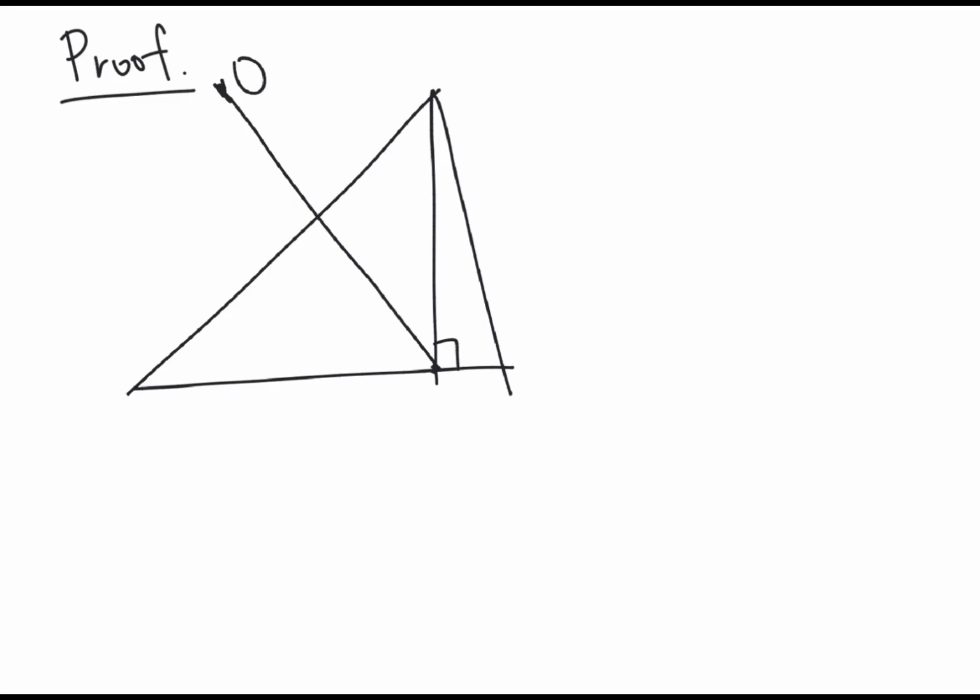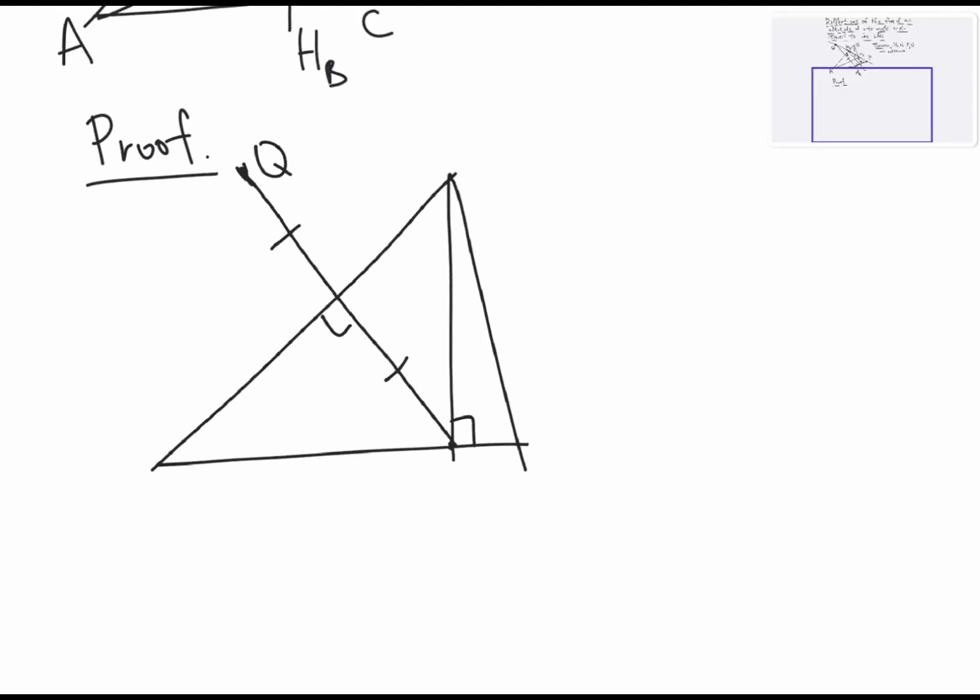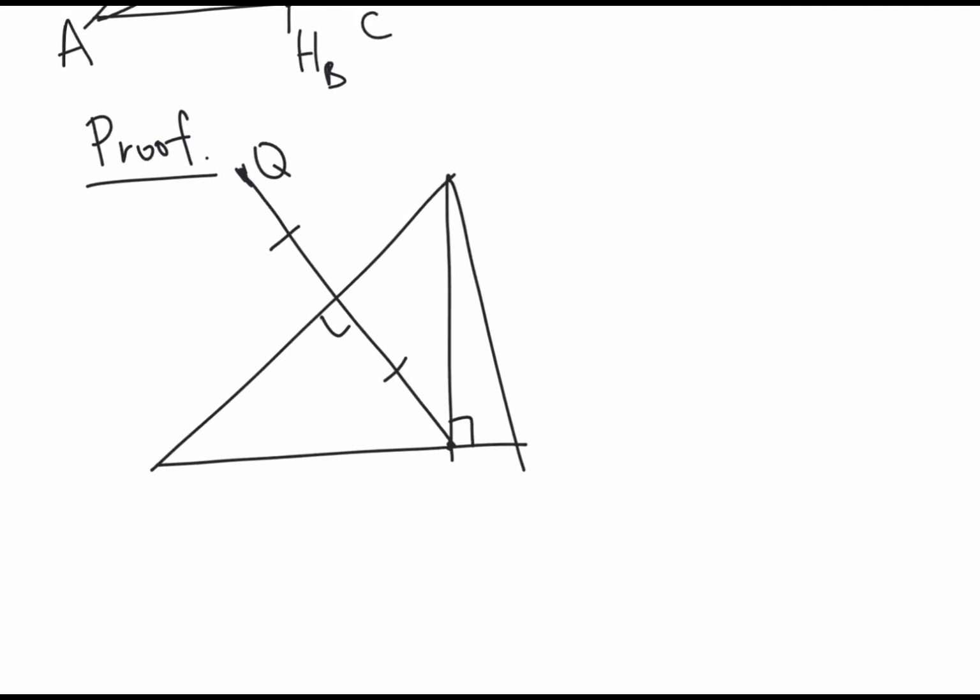Now instead of the point Q, actually, so this is the point Q, right? But instead of this point Q, we are going to consider the intersection point. So let's draw everything.